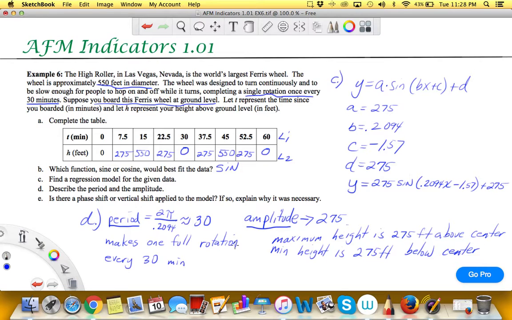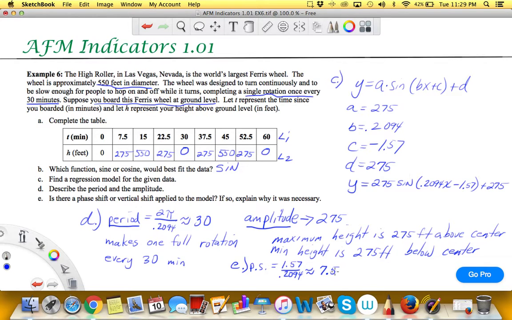Last but not least, it says, is there a phase shift or vertical shift applied to the model? If so, explain why it is necessary. Well, let's look at this. I believe that there is a phase shift. So we're going to say PS, and the phase shift is C over B. So if I have 1.57 over 0.2094, that is approximately 7.5.